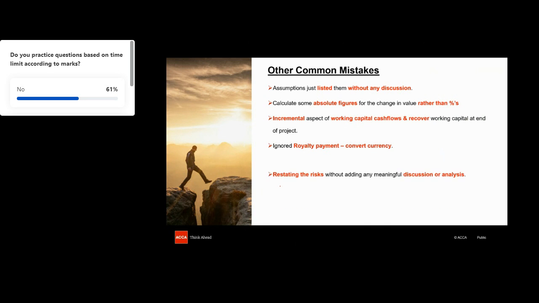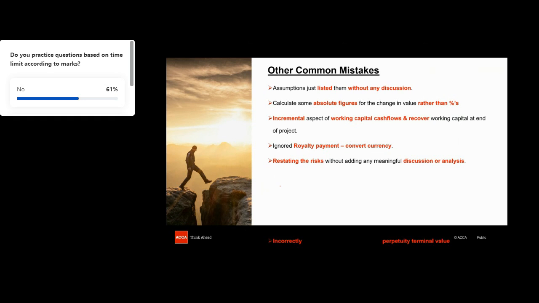Now, as far as risks are concerned, they restate the risk. They don't do any discussion, and further analysis is never done. There is also incorrect calculation, especially when it comes to valuation, where you have years 1, 2, 3, and maybe 4 onwards to infinity.